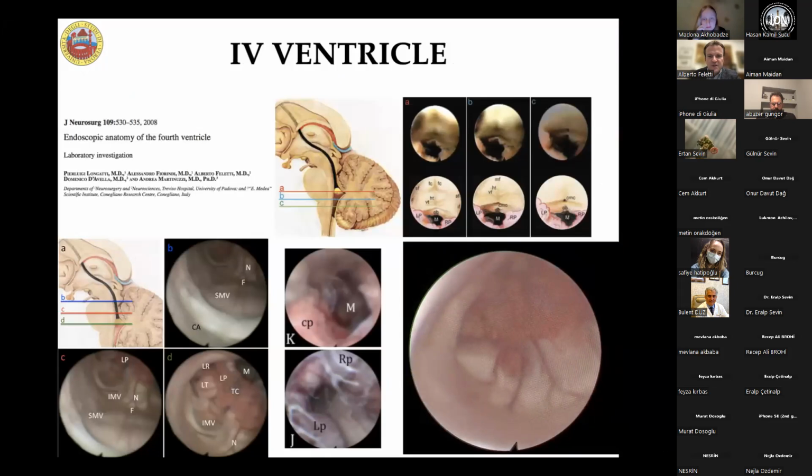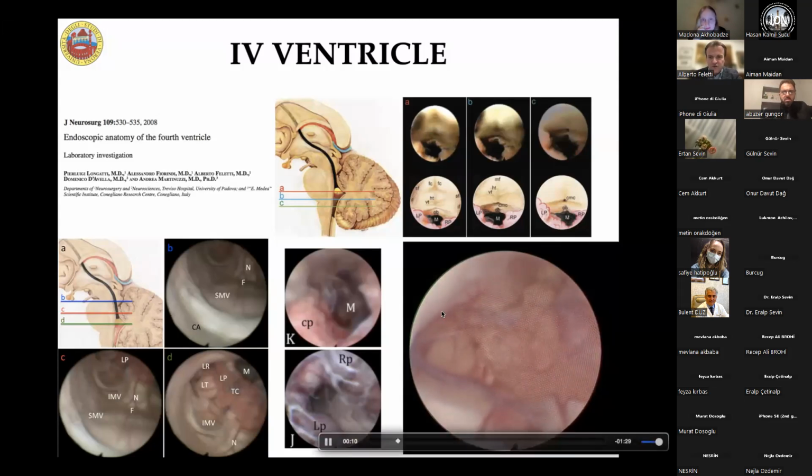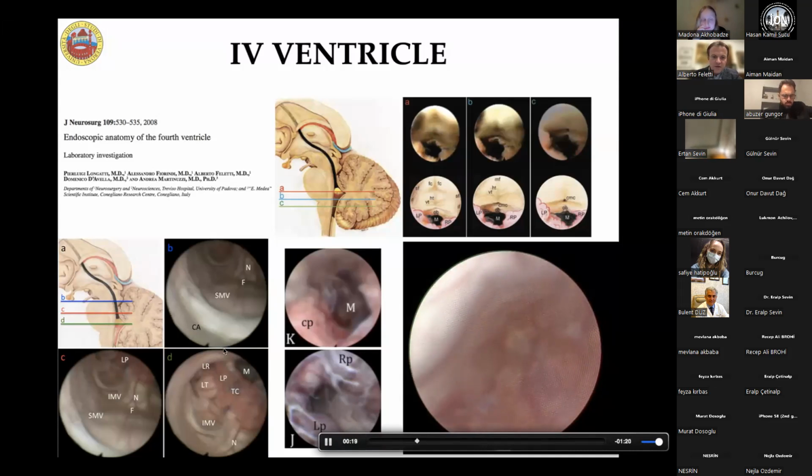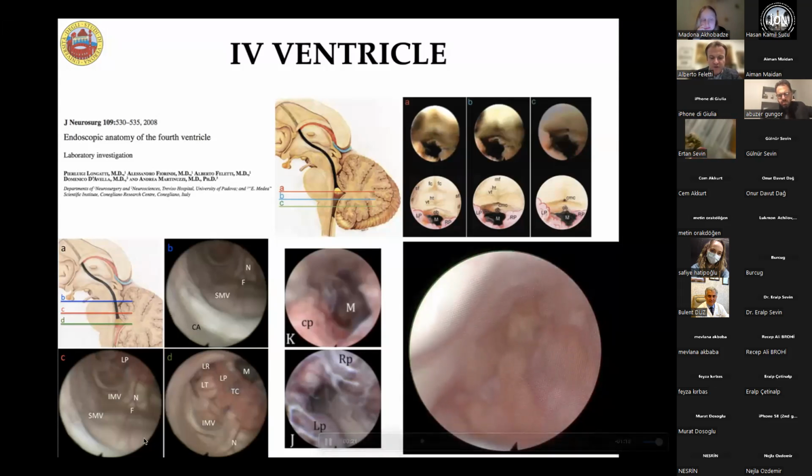And again, we described and published the anatomy of the fourth ventricle seen from an endoscopic view, of course. We described not only the anatomy of the floor of the fourth ventricle, but also the anatomy of the roof of the fourth ventricle seen from inside.